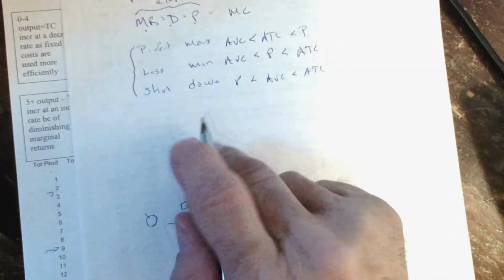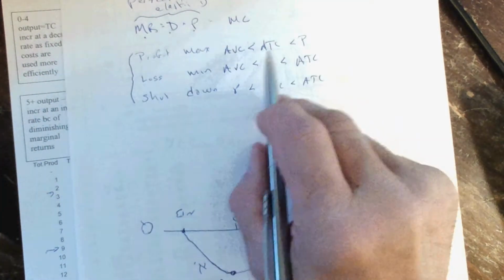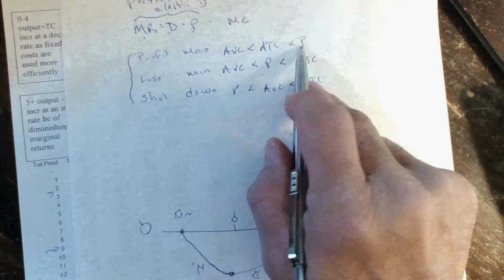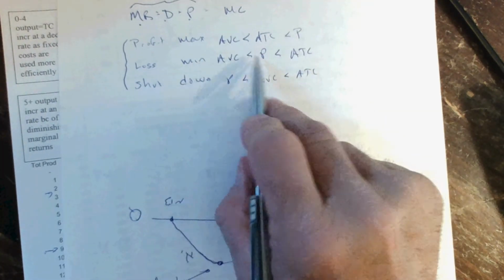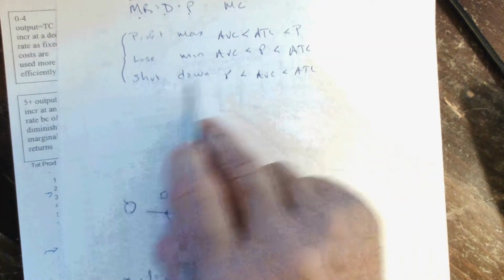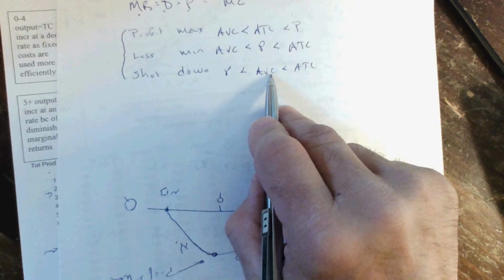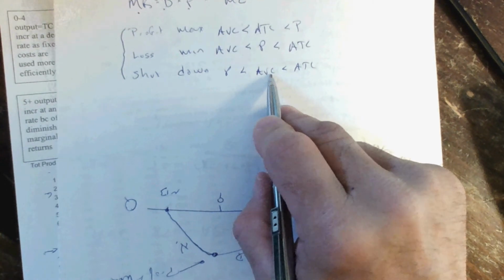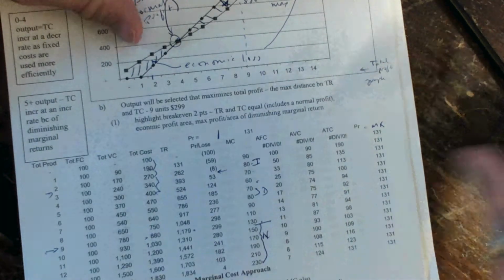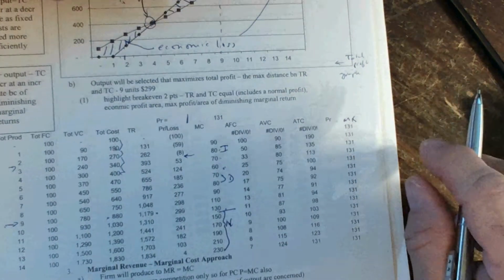That's going to result in the best outcome for the firm, which will either be profit maximization if price is greater than average total cost, loss minimization if price is between average variable and average total, or the firm will shut down if price is less than average variable cost. We'll demonstrate this, and we'll also graph it.